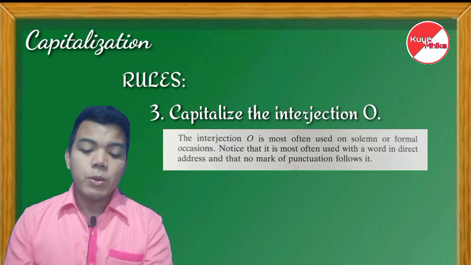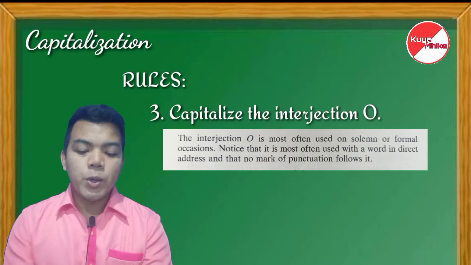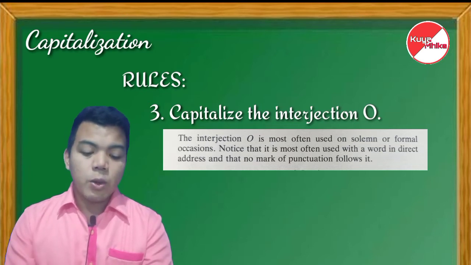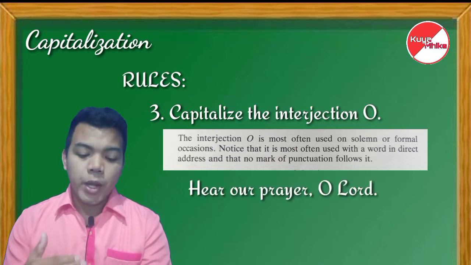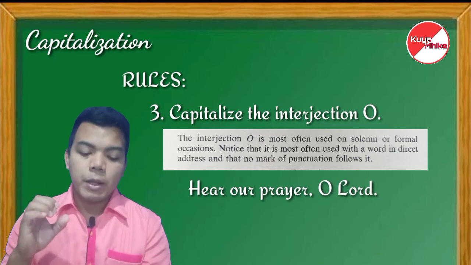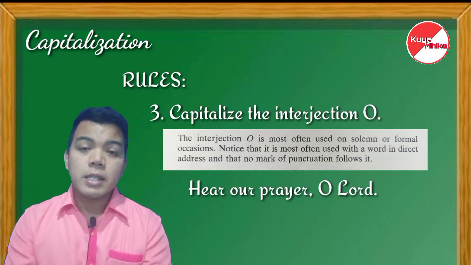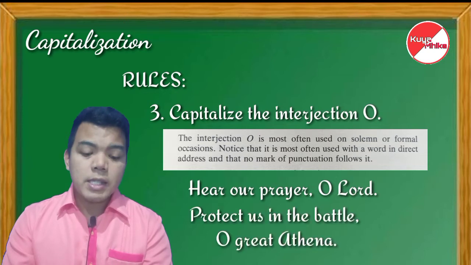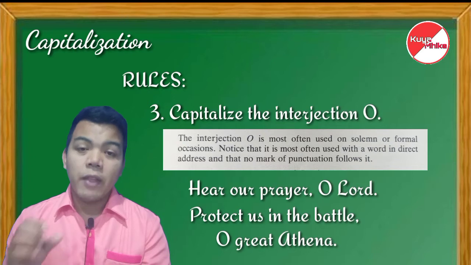Notice that it is most often used with a word in direct address and that no mark of punctuation follows it. So examples, okay? Hear our prayer, O Lord. So mapapansin nyo yung O dyan is capital letter. The next example, protect us in the battle, O great Athena.